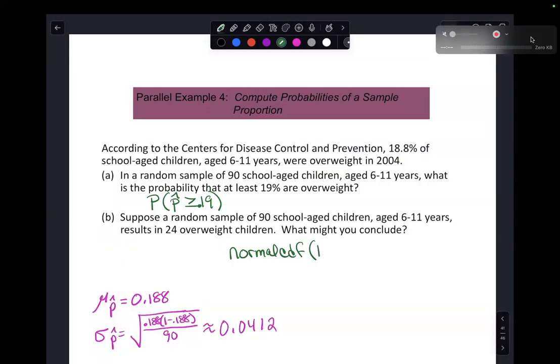So 0.19 to 1E99. Use this mean right there, 0.188, and the standard deviation we just found. And I can just put that in my calculator. I'll give you a second to write that down, and I'm going to pop over to my calculator.